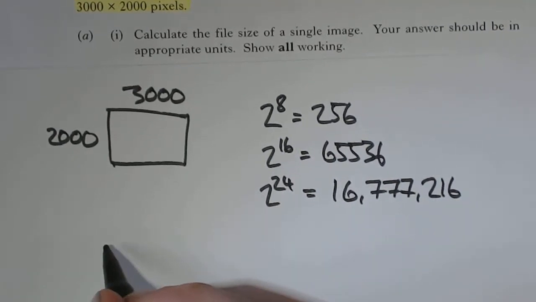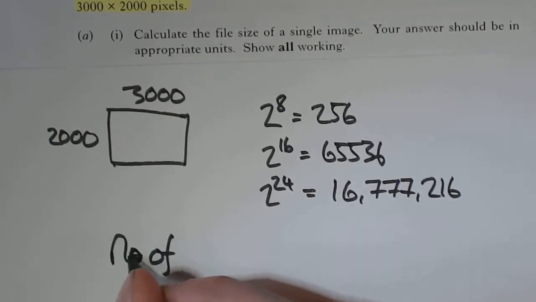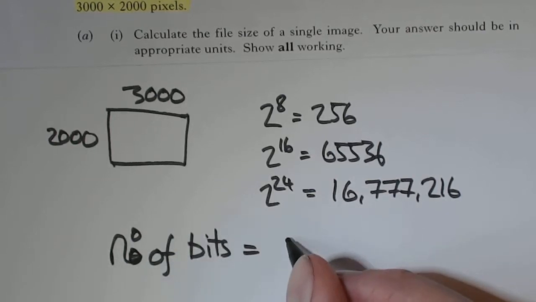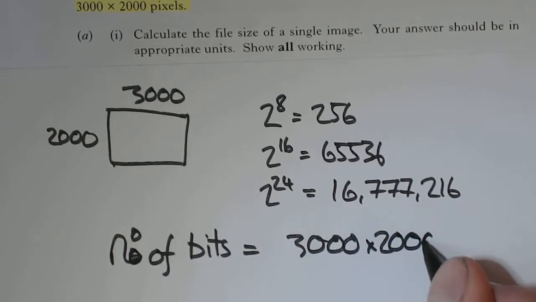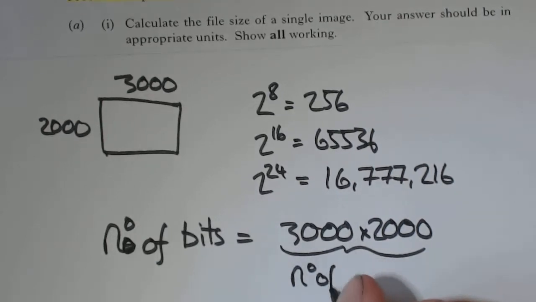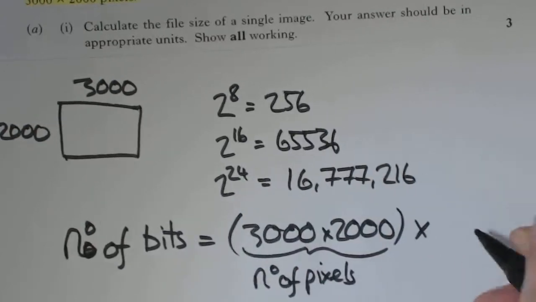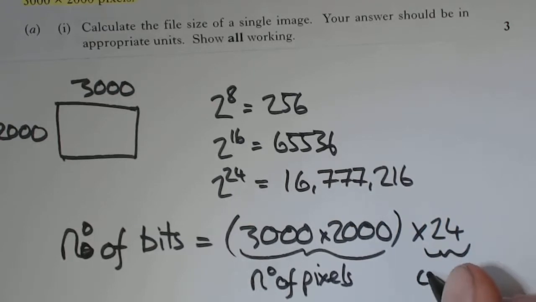So number of bits equals 3000 times 2000, which is essentially the number of pixels, and then times that by 24, your colour depth.